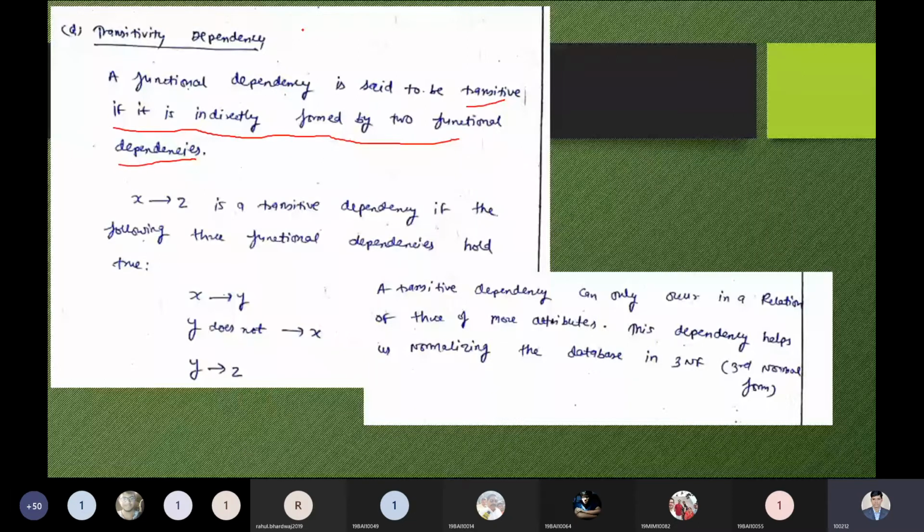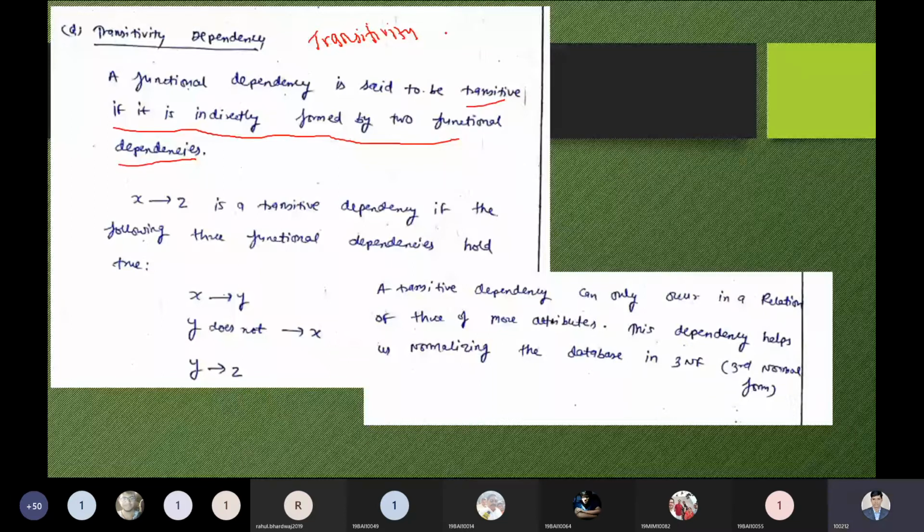If you remember, yesterday we saw this concept, the transitivity rule.